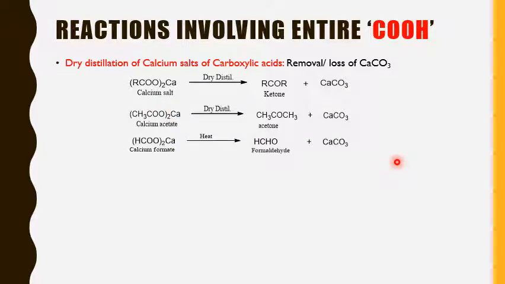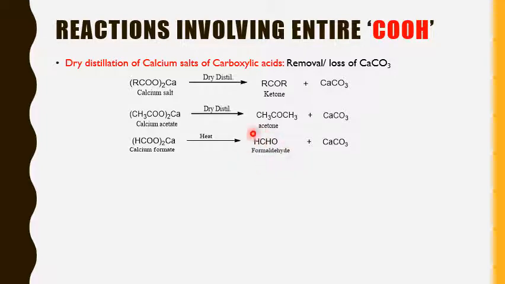If you have a calcium salt of formic acid, I call it calcium formate. So here my R group is hydrogen. In the general formula, just substitute R with H. What I'll get is HCHO. What is that? It is formaldehyde.